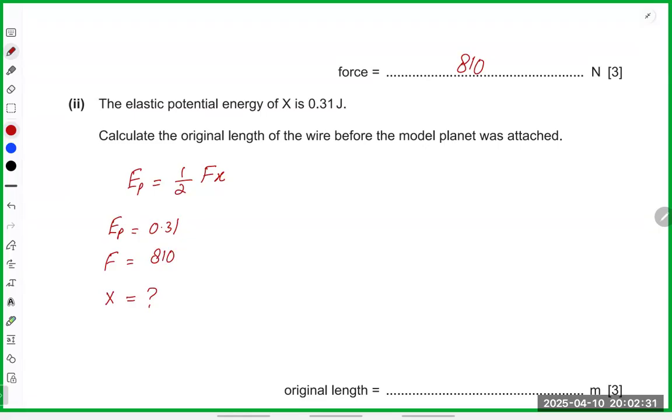Using this 810 newton, can we find out extension? Extension equals 2 times elastic potential energy divided by force.